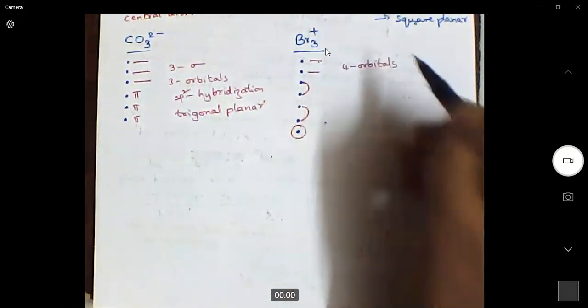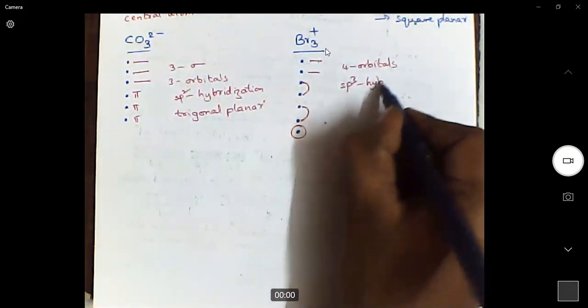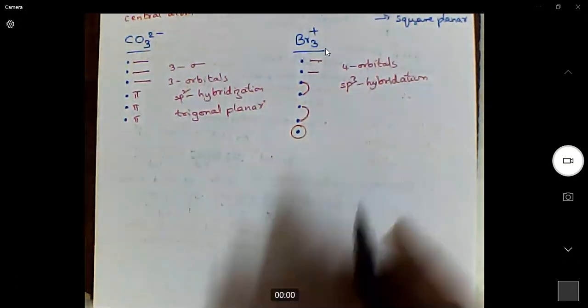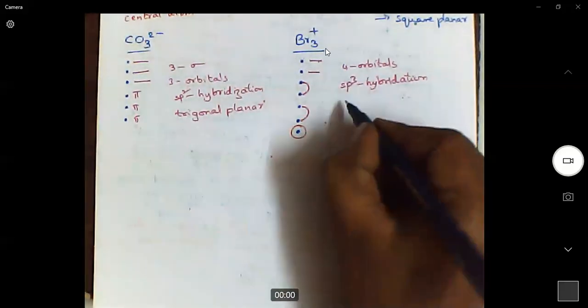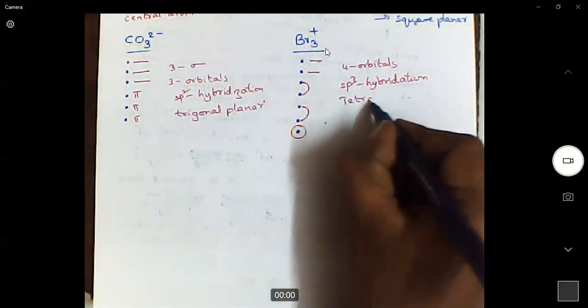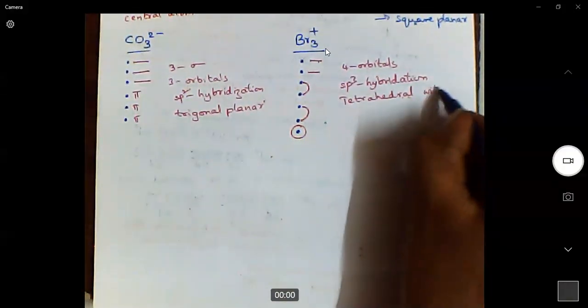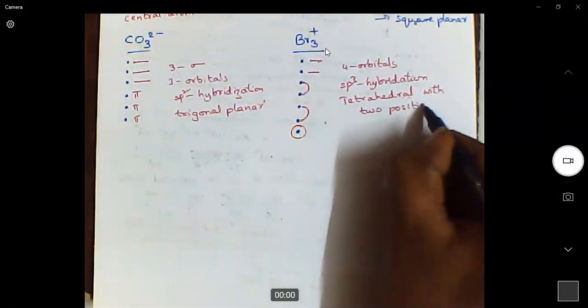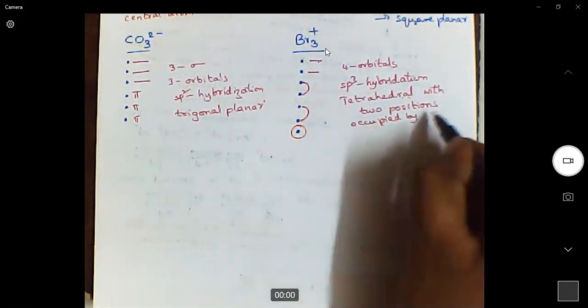Altogether there are 4 orbitals involved in bonding. So 4 means sp3 hybridization. 4 orbitals means sp3, 1 s orbital, 3 p orbitals. sp3 hybridization shape is tetrahedral, with 2 positions occupied by lone pairs.